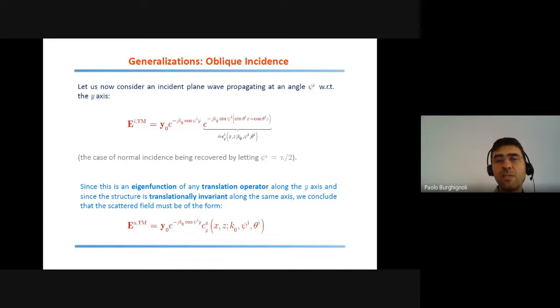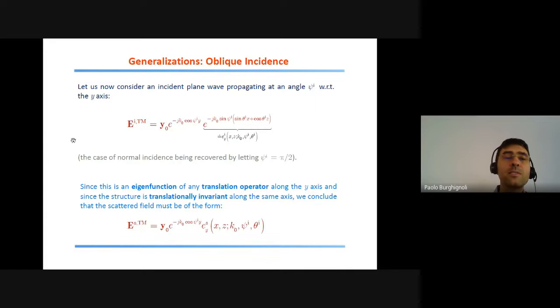That is, if you translate this incident field, what you get is the same incident field up to a multiplicative constant. This is an immediate consequence of the properties of the exponential that expresses the dependence on y.